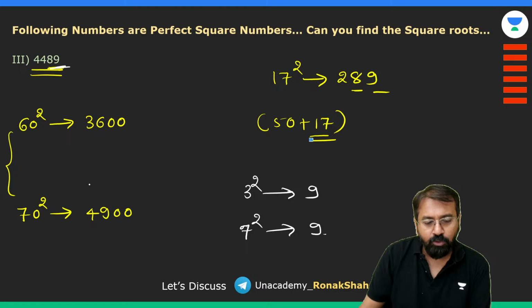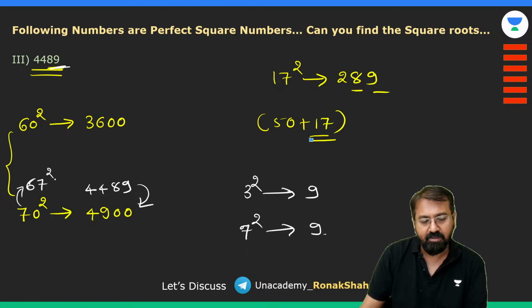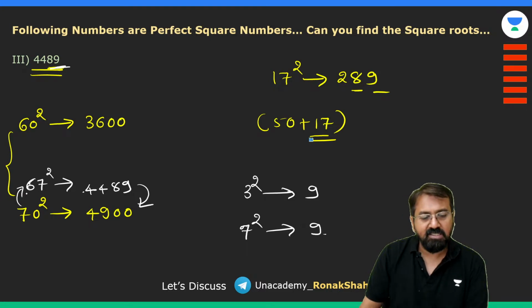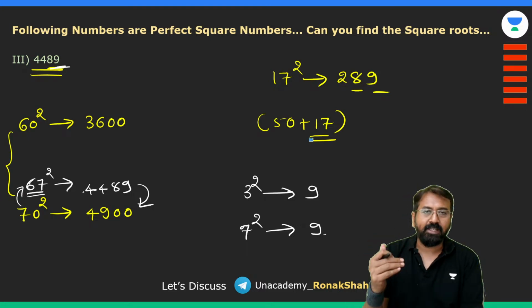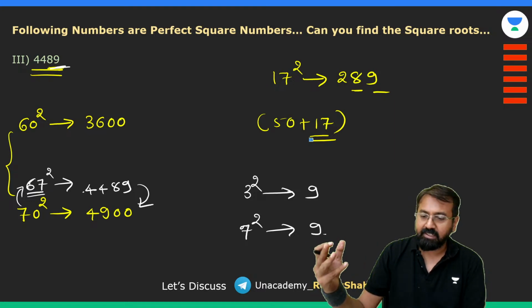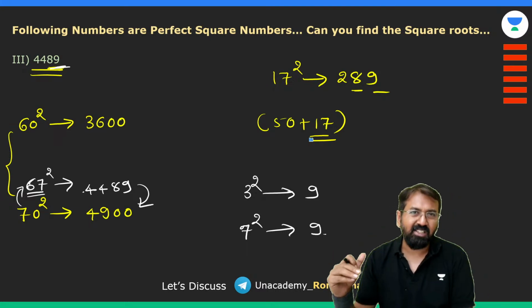Now this 4489 is closer to 4900. So my number should be closer to 70. So I'll pick 67. Are you getting this point? I'll pick 67 because 4489 is closer to 4900 as compared to 3600, right? So that's how you can make it out here. The number should be closer to 70 rather than 60.